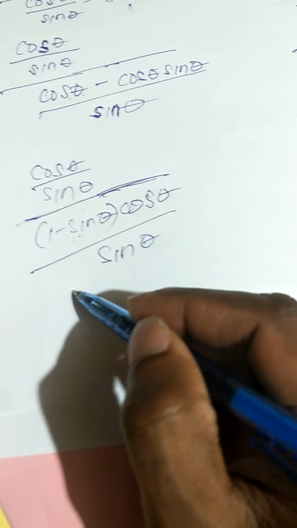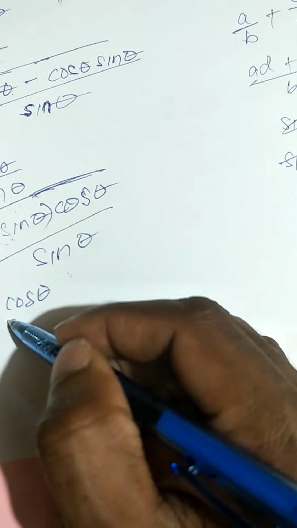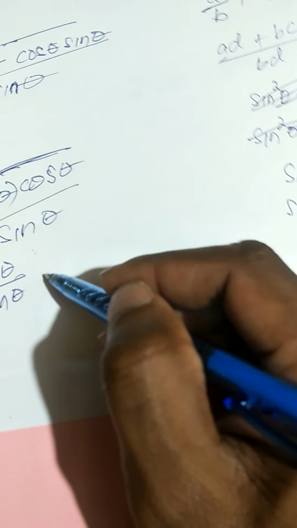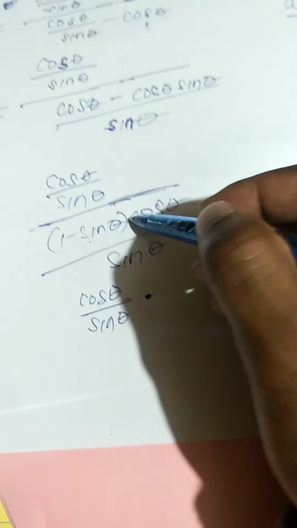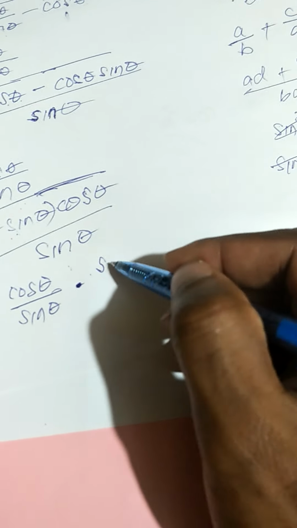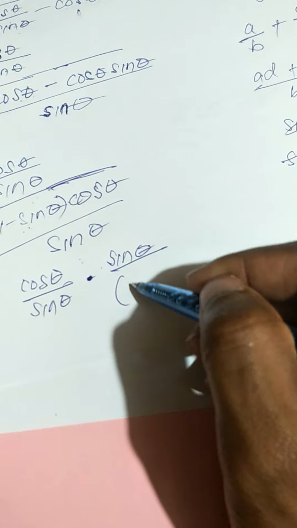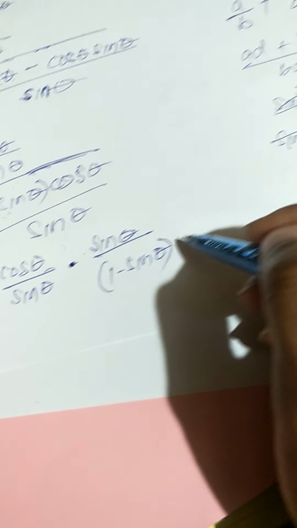I'll copy it on top, cosine theta all over sine theta, multiply by this one. This one goes up, this one comes down, as I said, rule number 4, and then sine theta all over, okay, 1 minus sine theta, close brackets.